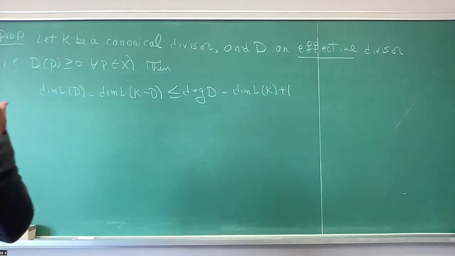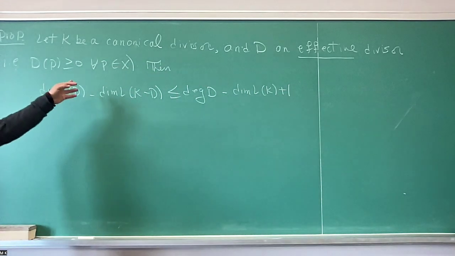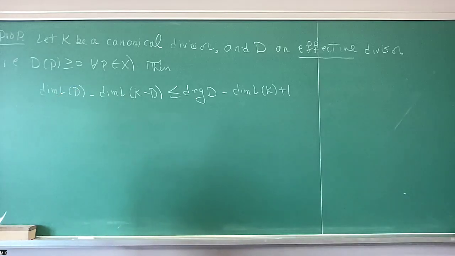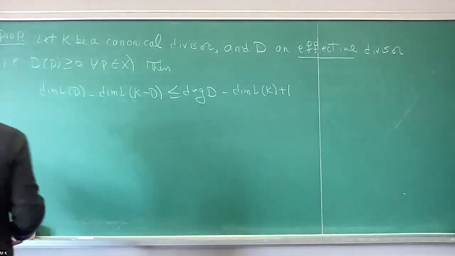By the way, that dimension of L of K is g, if you assume the second statement that I told you. But it doesn't matter for now. So this is the statement. So how does the proof go?